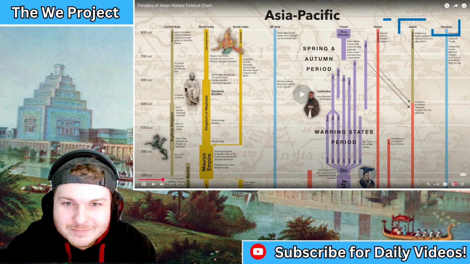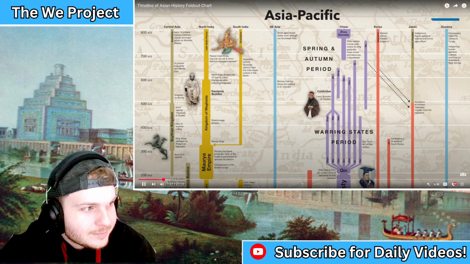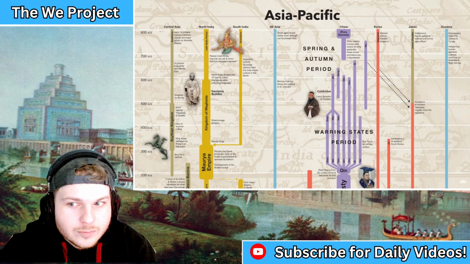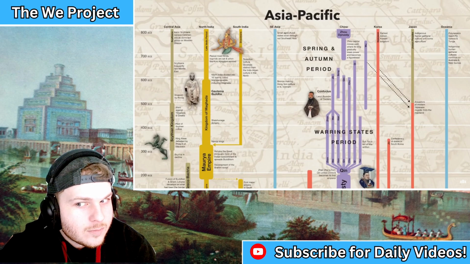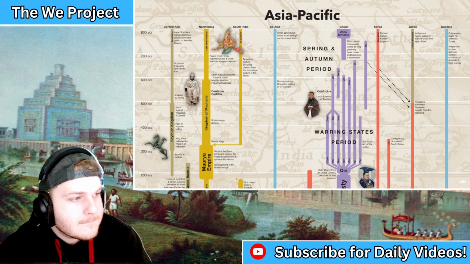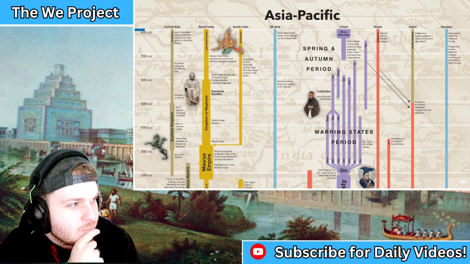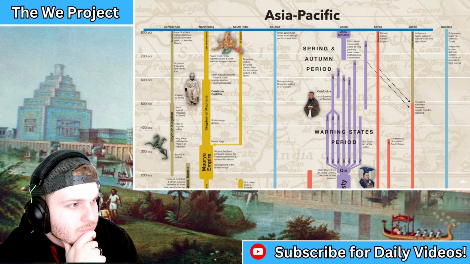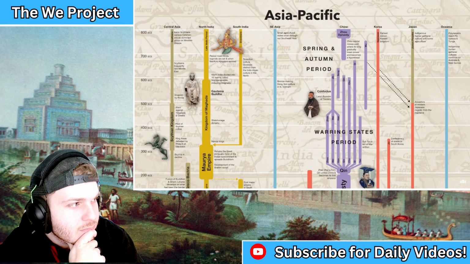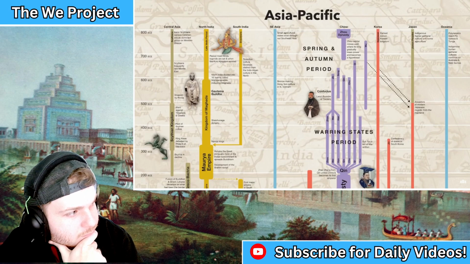The westernmost parts of Asia are included on the Africa and Middle East chart, which we'll be covering in a separate video. The next thing to note is that all of the fold-out charts begin at 800 BCE. Obviously, there is a lot of history that occurred before this point, but for that, you have to refer to the main chart.